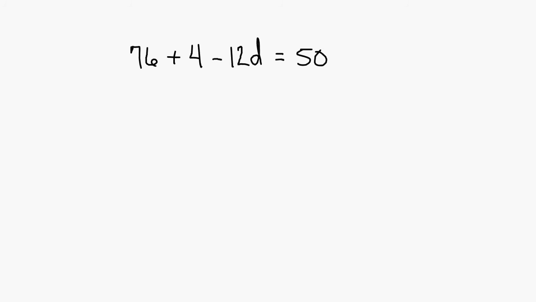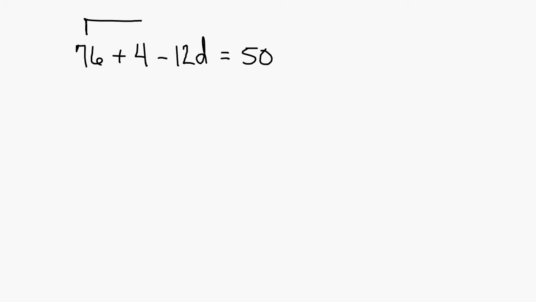Same steps, same process. But in this case, you have two constants on the same side of the equal sign. So what you combine here is the 76 plus 4, and 76 plus 4 is 80. Minus your 12d equals 50.